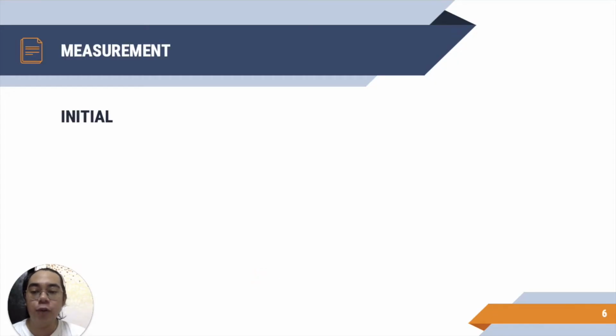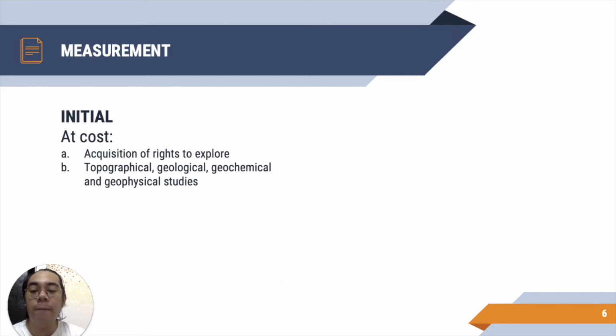So, to measure, if for example, you choose to measure it as an asset, the initial measurement is at cost. Ito normally yung mga pasok sa initial cost ng exploration and evaluation asset.